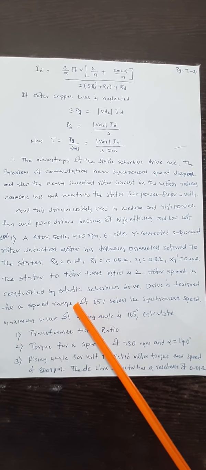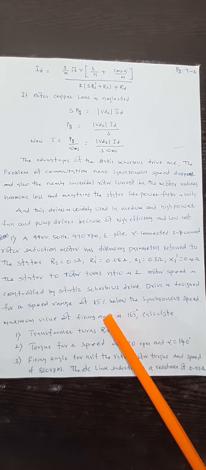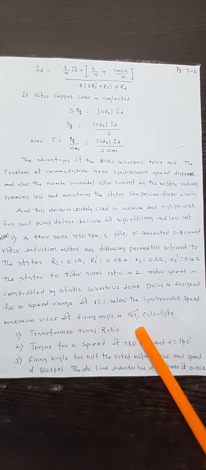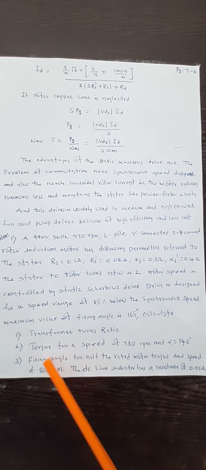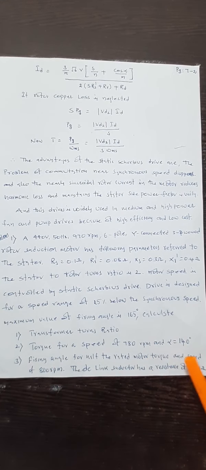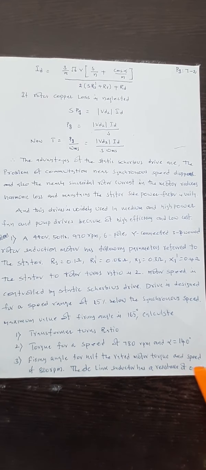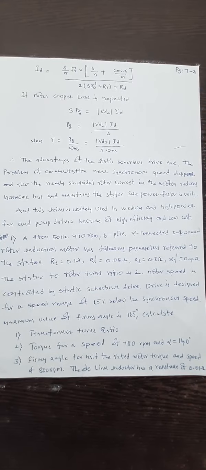Motor speed is controlled by static Scherbius drive. The drive is designed for a speed range of 25% below the synchronous speed, so the maximum value of firing angle is 165 degrees. Calculate: one, the transformer turns ratio; two, the torque at a speed of 780 rpm and alpha equal to 140 degrees; and three, the firing angle for half the rated motor torque and speed of 800 rpm. The DC link inductor has a resistance of 0.01 ohms. So this is the given problem.